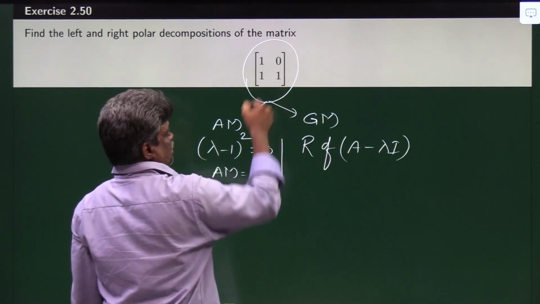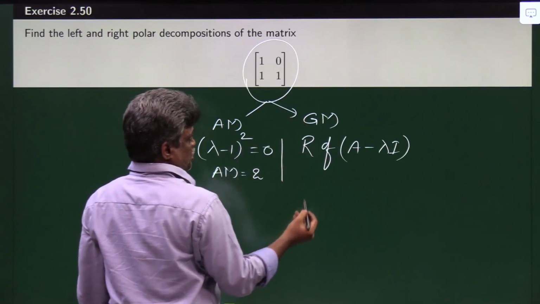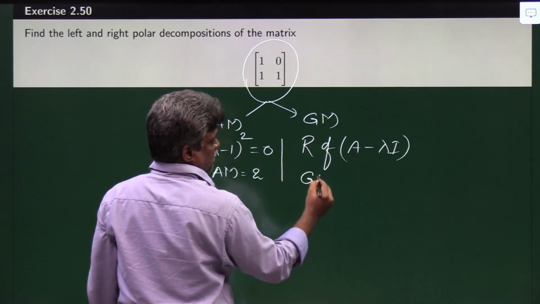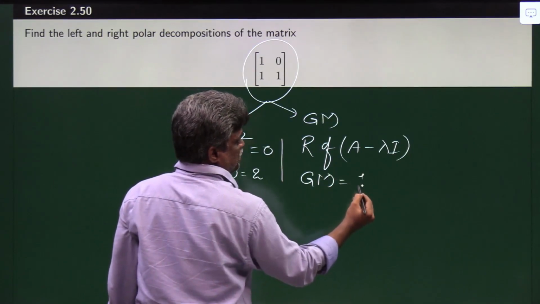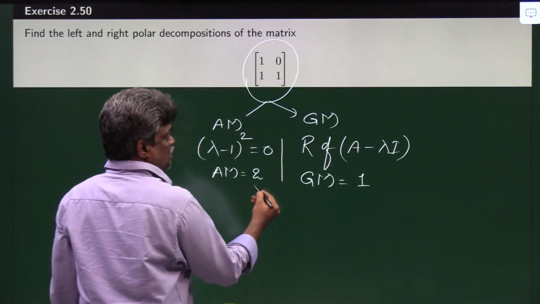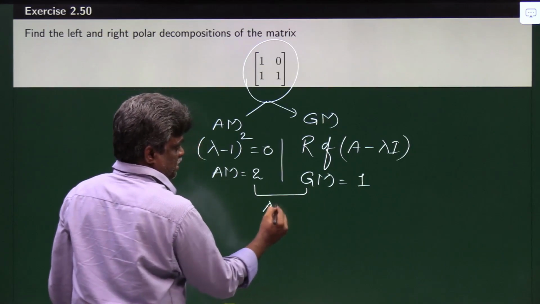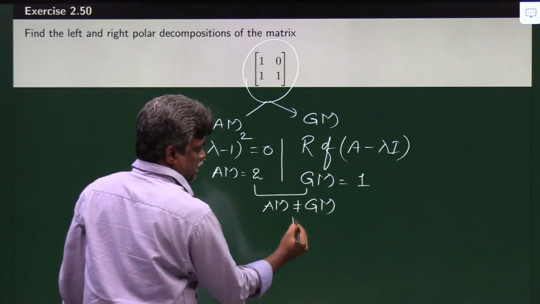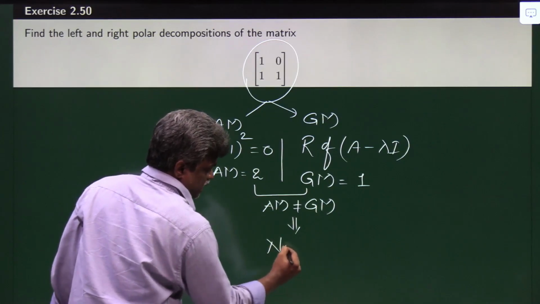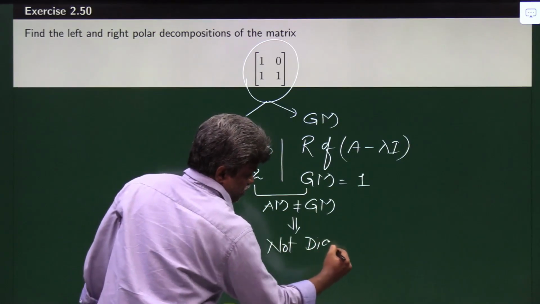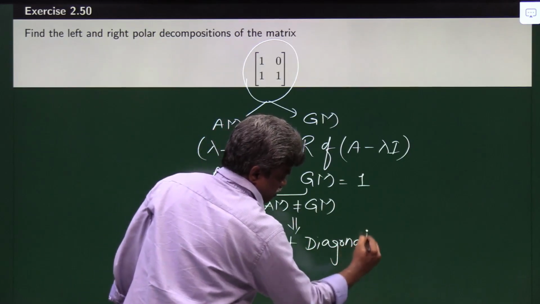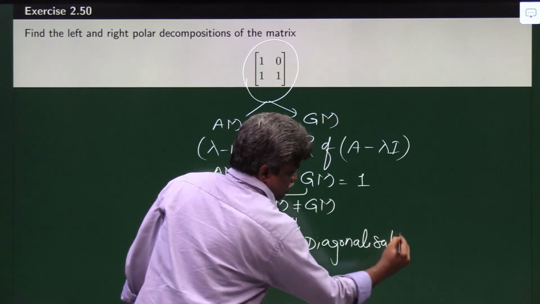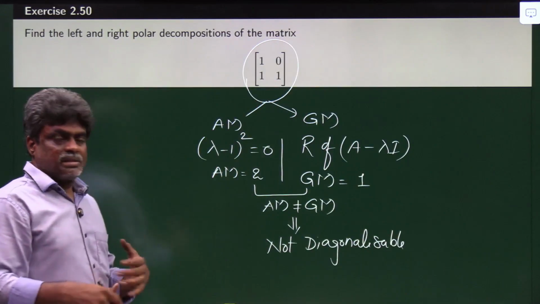If you take lambda as 1 and substitute, you will get the rank, which is the geometric multiplicity, equal to 1. If these two are not equal, that means algebraic multiplicity is not equal to geometric multiplicity, then it is not diagonalizable. Not diagonalizable. So this actual problem I will discuss separately.